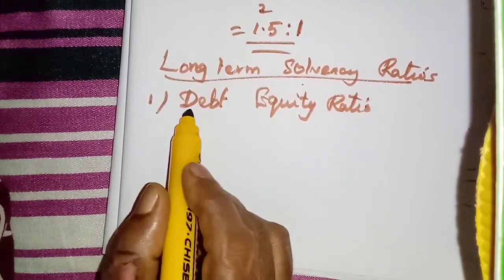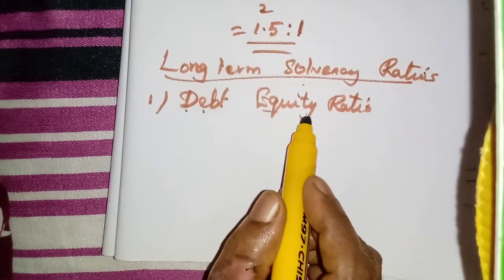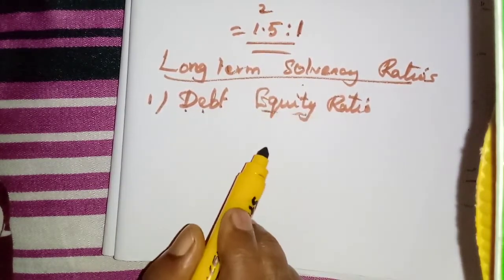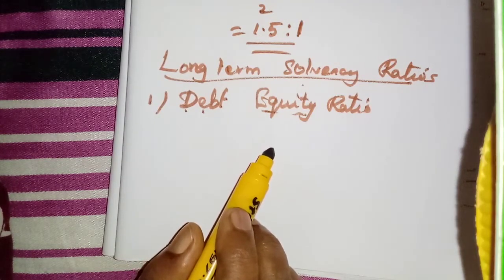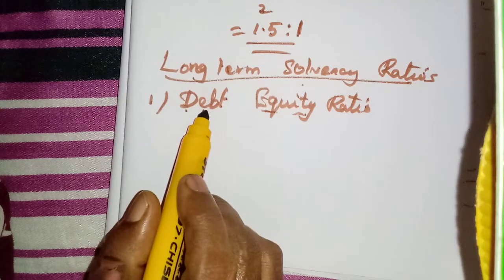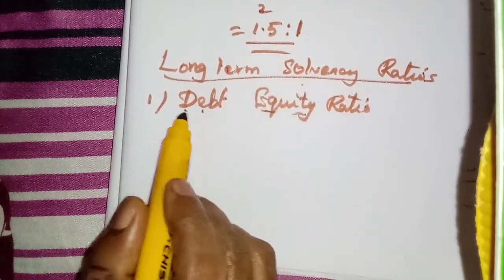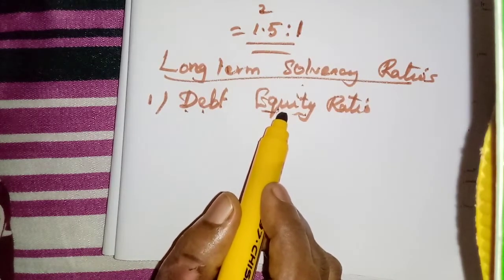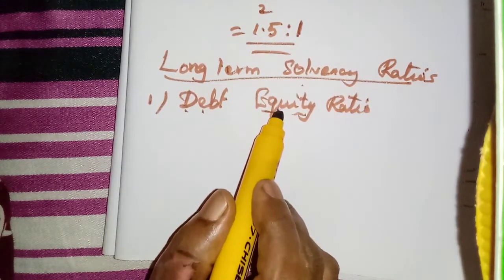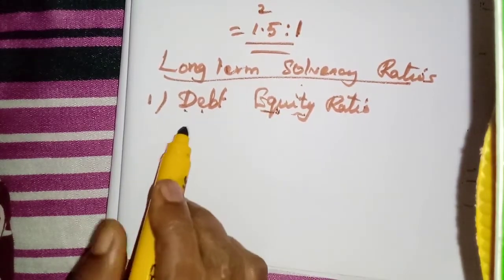Here debt means the long term debt, and equity means the shareholders funds. So we are assessing the long term solvency, whether the shareholders funds are available to meet the long term loan debt.